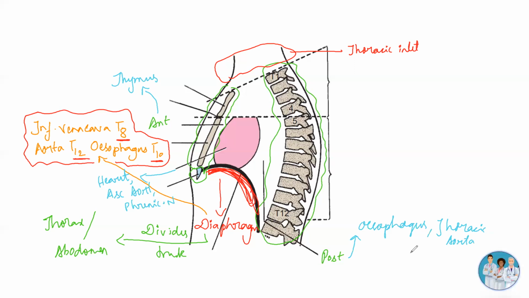And the vagus nerve, a cranial nerve, passes through the posterior mediastinum. These are some of the structures present in the mediastinum that you should know primarily.